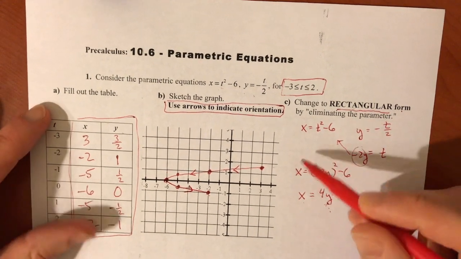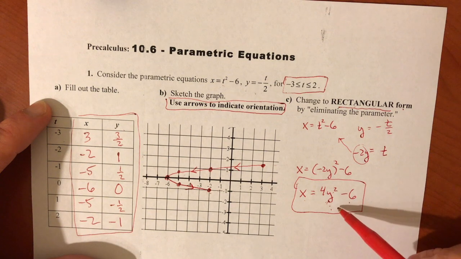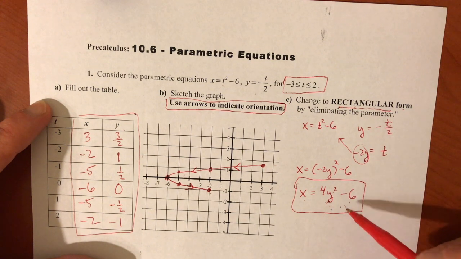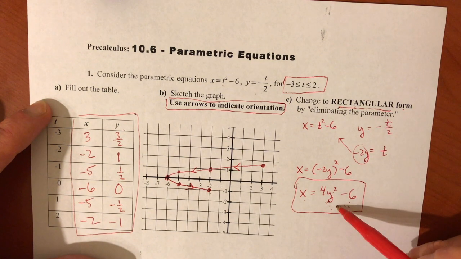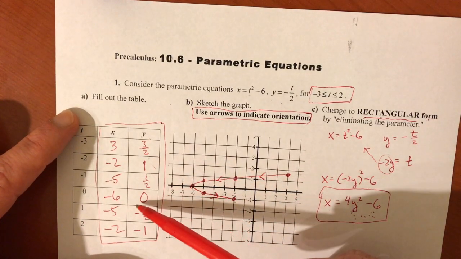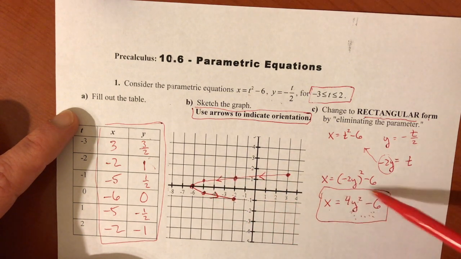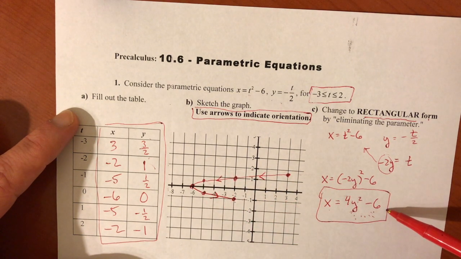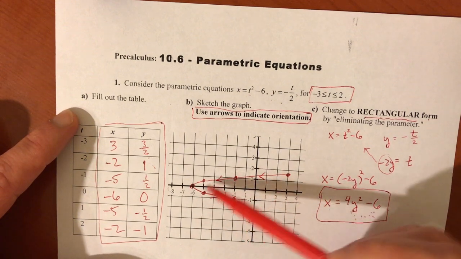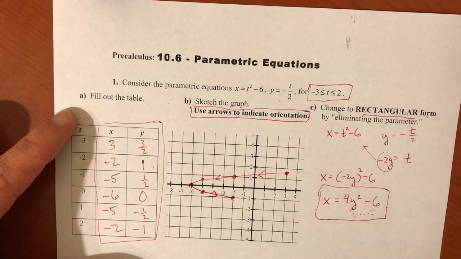Changing it to rectangular form can help give you a little confidence in your graph if you have a pretty strong recognition of equations and what kind of graphs they make. However, you still really need to do this, because this shows you the direction that you went in. If you only changed it to rectangular form and then just drew this graph, you might not know which way the curve was moving in.